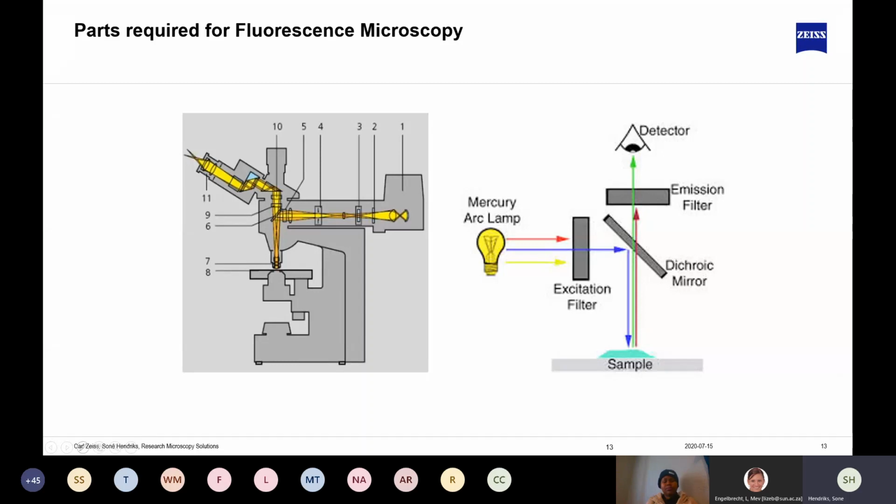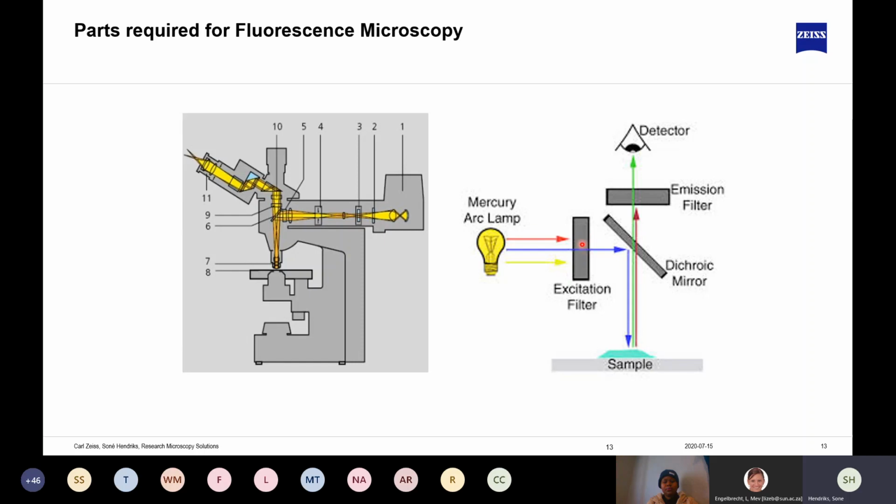Let me just see if I can find a laser pointer. There we go. All right, as the light travels through your microscope beam path, you will get to a filter cube. A filter cube inside your microscope consists of an excitation filter, a dichroic mirror, and an emission filter.